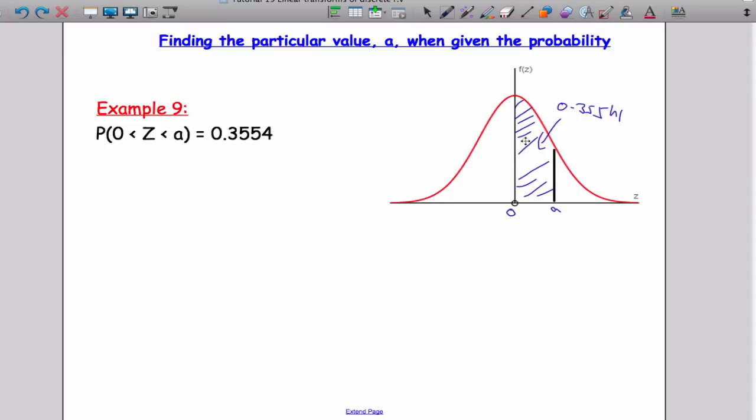Now I won't be able to work this out straight away, but if I add on 0.5 to this, it will give me the total area to the left of A. So I get 0.8554. So I know this total, the red and the blue over here, has a probability of 0.8554. So let's return to our tables.